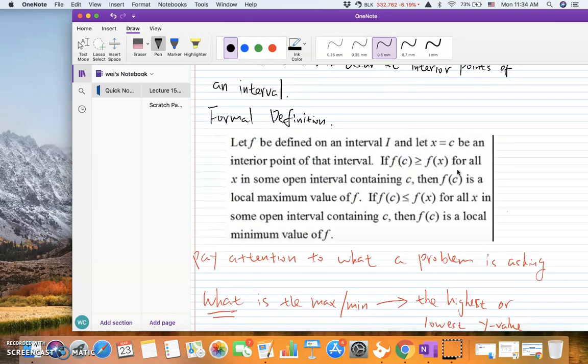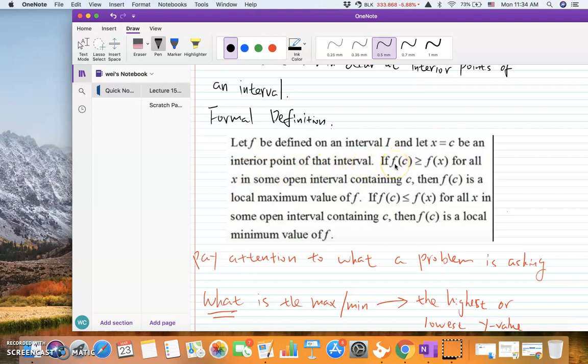Okay. So here is the formal definition of a local extremum. Let f be defined on an interval I, and let x equals c be an interior point. You see here, again, it says this point must be an interior point of that interval.